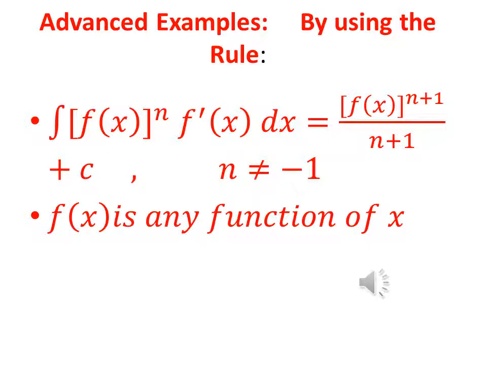What does that mean? The integration of f of x power n times f dash of x dx, where f dash is the derivative of the function inside the brackets. If this happens, the result is f of x power n plus 1 over n plus 1 plus c, and n is not equal to negative 1.